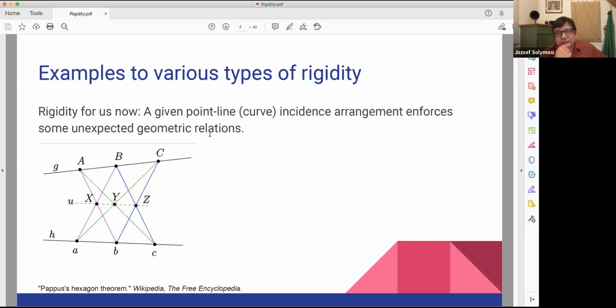I thought that we should focus on problems related to rigidity, but that's also okay because rigidity is a very general phenomenon. So you heard the Bezout theorem. I think there were some nice lectures on algebraic geometry.